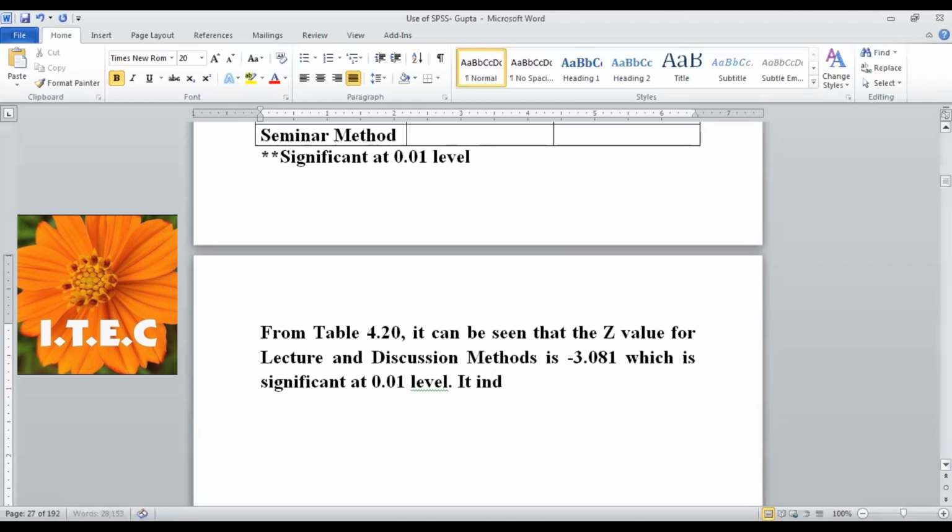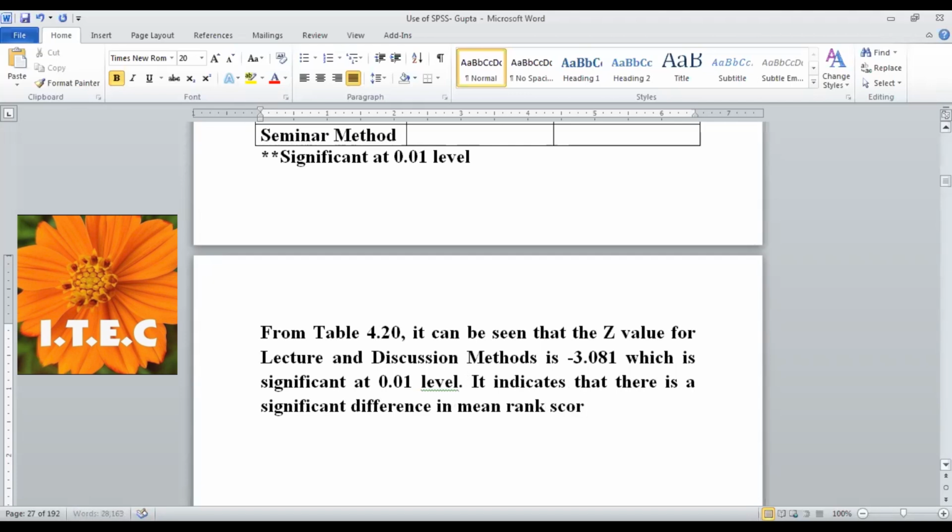It indicates that there is a significant difference in mean rank scores of achievement in physics.